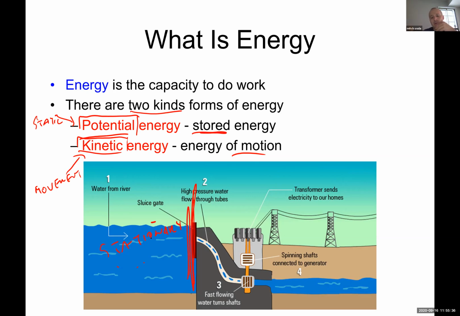As the water escapes the dam at the top, and moves down these pipes, and turns these turbines to produce electricity, the energy that moves down here, from stationary water, turns into movement, which is kinetic energy. So you go from stationary or potential to kinetic energy.